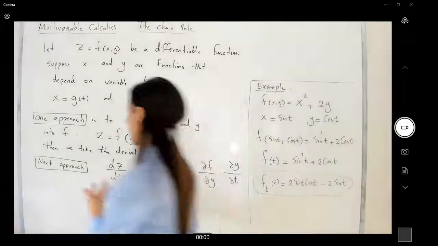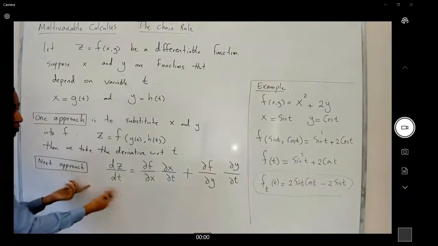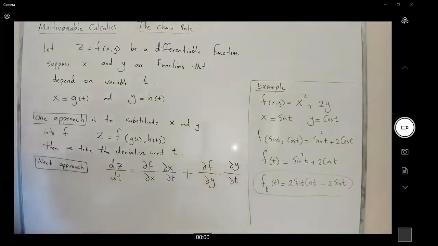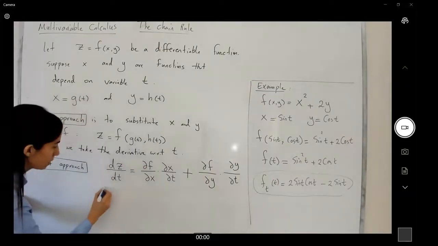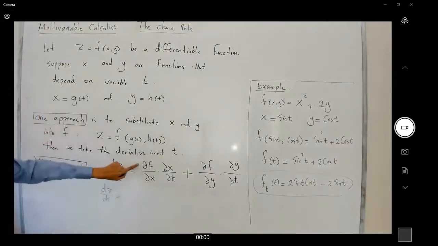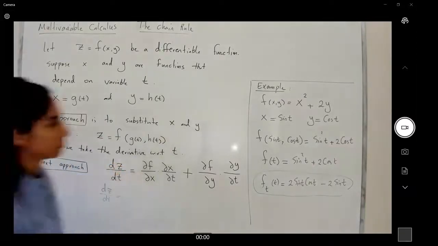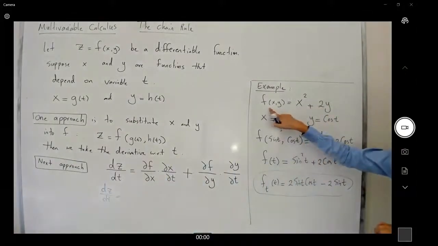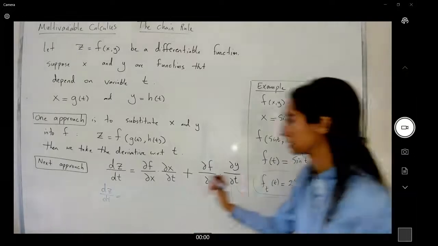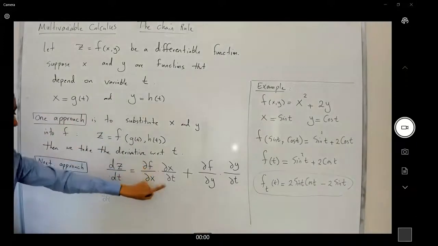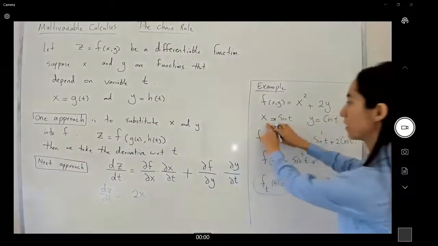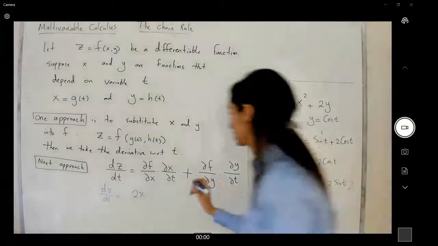Or you can apply the chain rule. The chain rule says the derivative of this function with respect to t, you get the exact same answer. dz over dt is the partial derivative of f with respect to x, which is 2 times x, times the derivative of x with respect to t, which is cosine t.